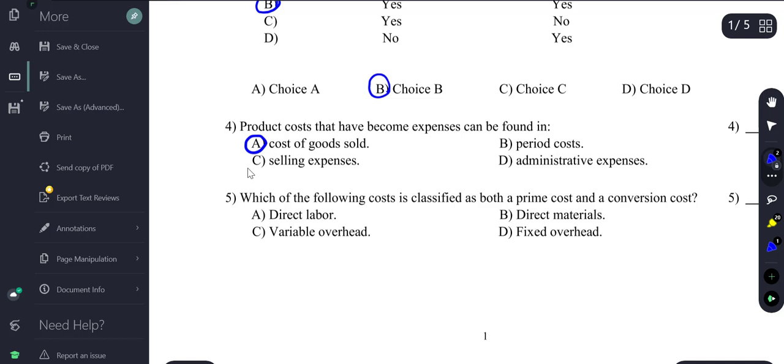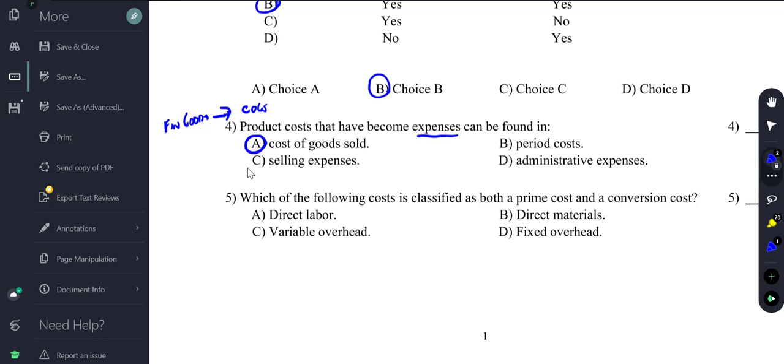So these product costs become expenses when we move them from inventory into the cost of goods sold. So we have finished goods, and that cost would then go to cost of goods sold when we sell the product. That's when these become costs, all right, or expenses.